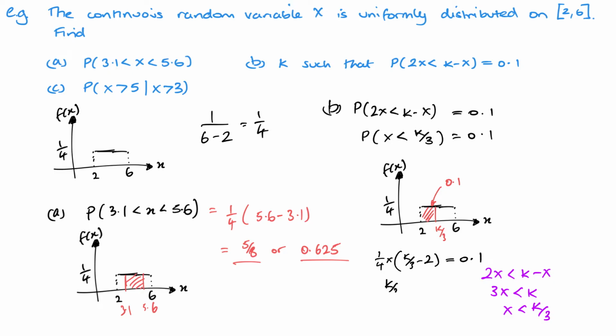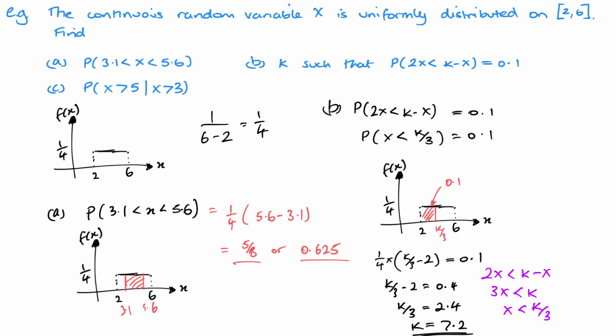So k over 3 minus 2 equals 0.4, so k over 3 equals 2.4. So k is going to be equal to 7.2. And that's the first two parts of this one done.